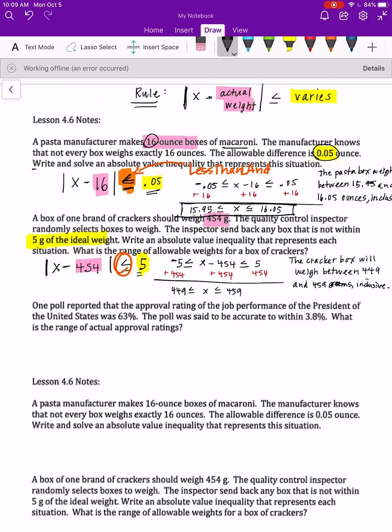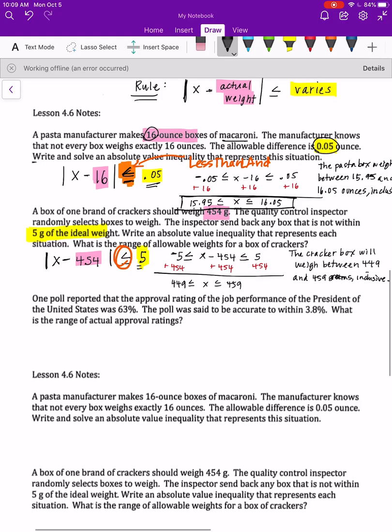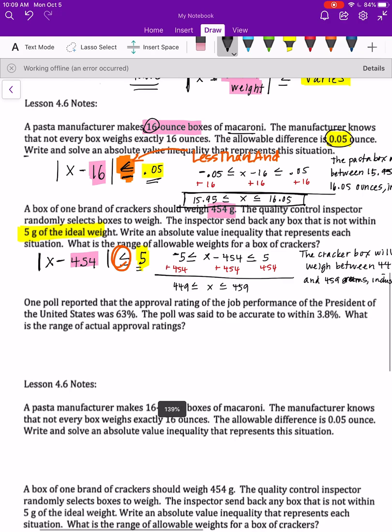All right, last one. This one I want to bring up. We're not going to actually solve it, but I want to bring it up because it's a poll and it's percentages, but we solve just the same. It says one poll reported that the approval rating of the job performance of the President of the United States was 63%. The poll said to be accurate within 3.8%.